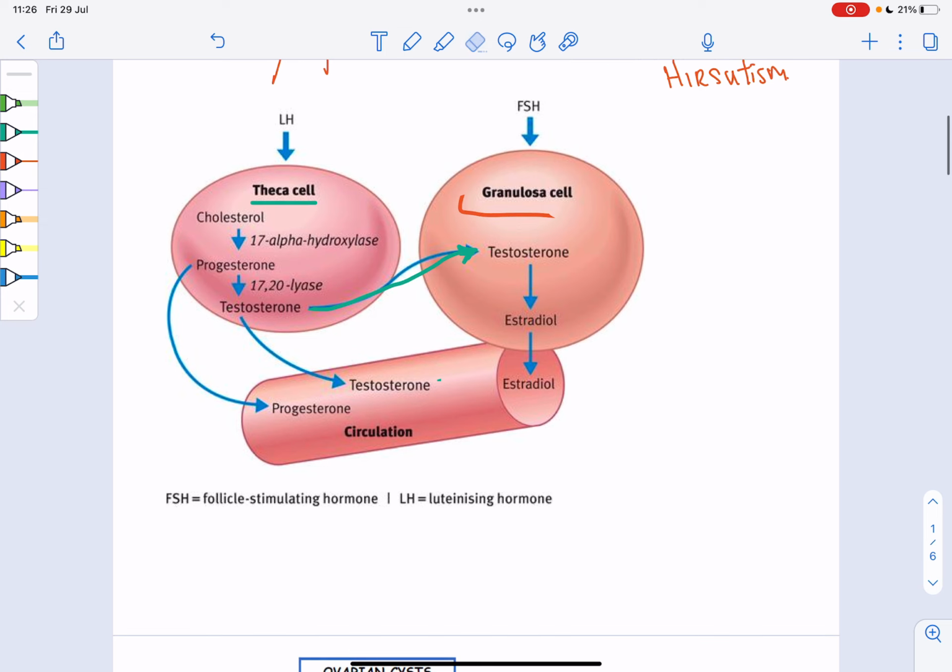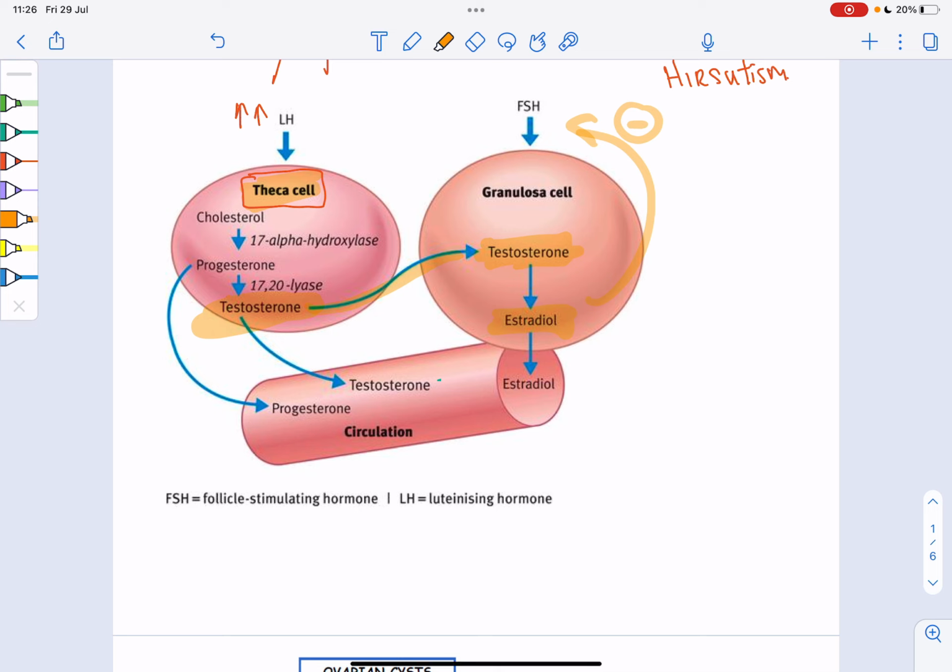Here's another diagram which will explain this all over again, just to make sure you've understood it. Your luteinizing hormone levels rise, and they go and act on the theca cell. This results in the theca cell producing more and more testosterone or androgens. The testosterone can go into the granulosa cell to be converted into estradiol, which will then negatively inhibit the FSH.